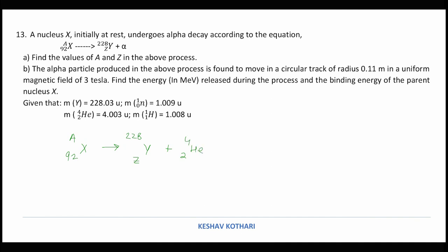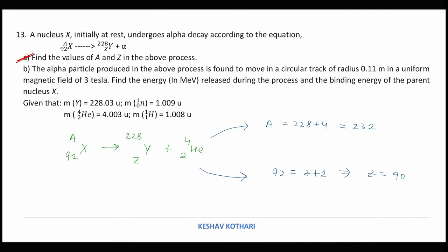From the superscript we can write A is equal to 228 plus 4, so the value of A is equal to 232. And from the subscript we can write 92 is equal to Z plus 2, so from here we obtain that Z is equal to 90. So we have ended up calculating the first part.